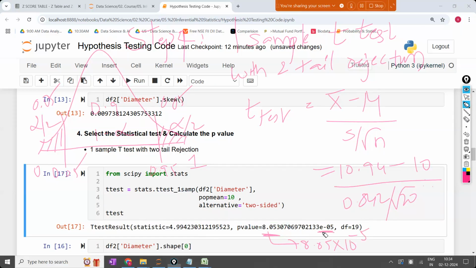Everyone is asking, sir, how can the p value be greater than 1? It can never be greater than 1. The e power minus means 10 to the power of minus 5, which is nothing but 0.0008, with one more zero also.